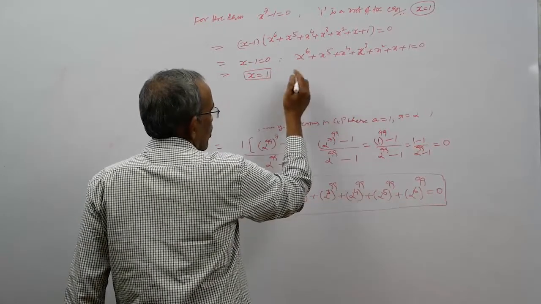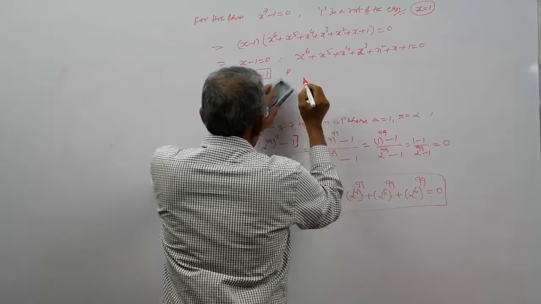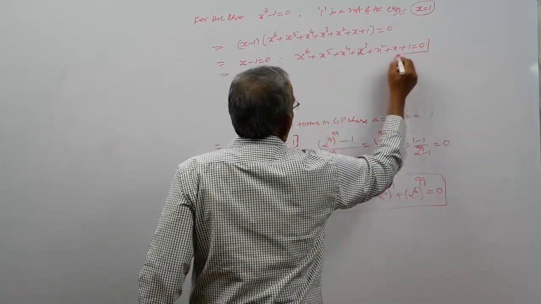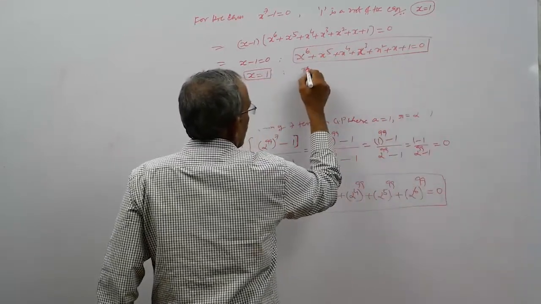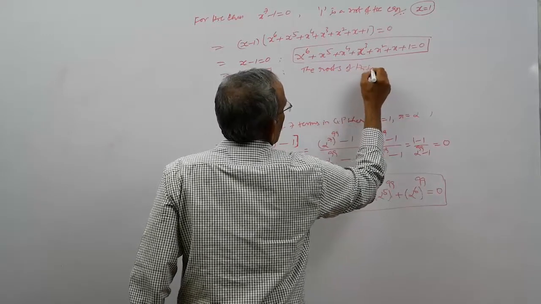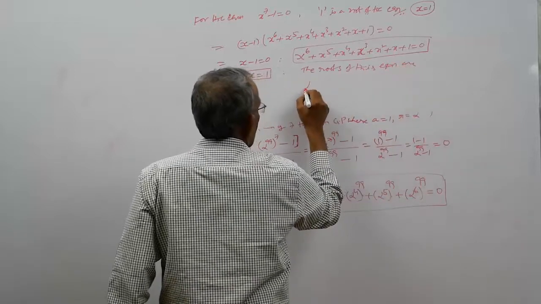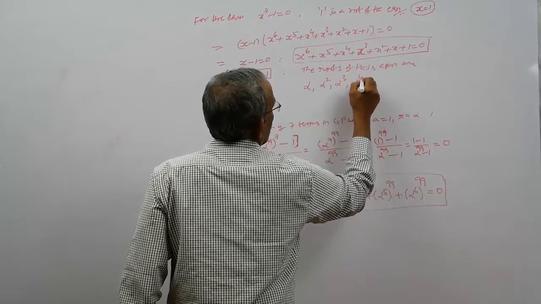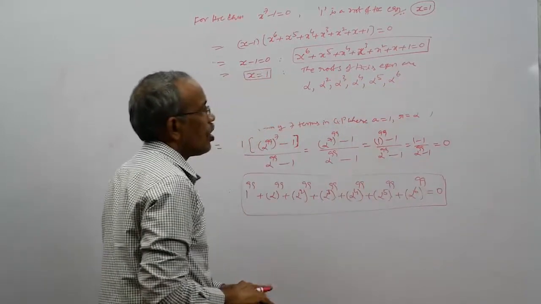So the remaining roots are here, the roots of this equation are alpha, alpha square, alpha cube, alpha to the power of 4, alpha to the power of 5, alpha to the power of 6.